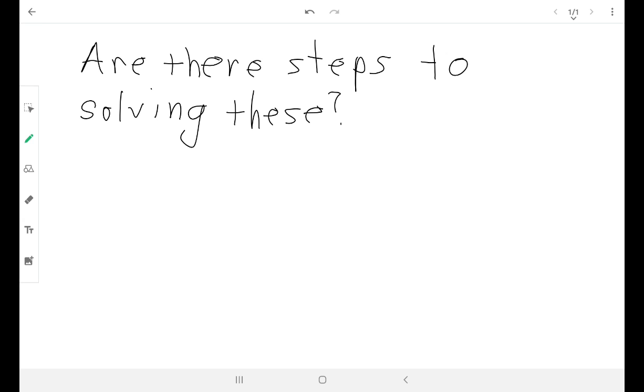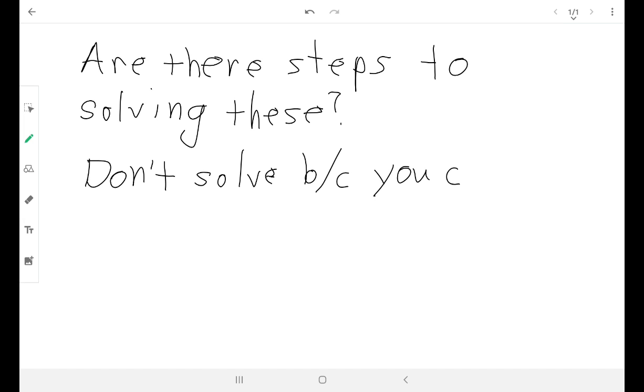So you don't solve, and the reason is because you can't. Okay. These aren't solving.